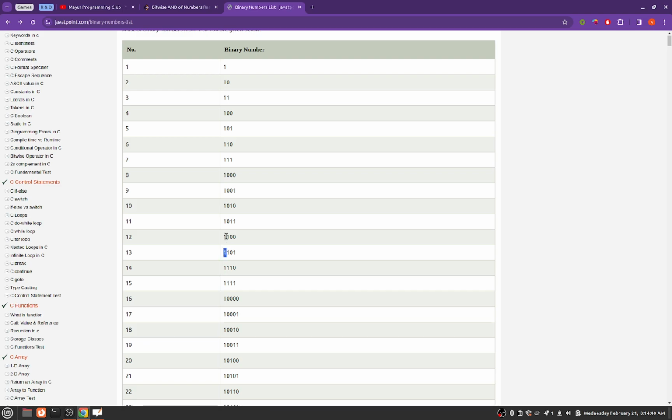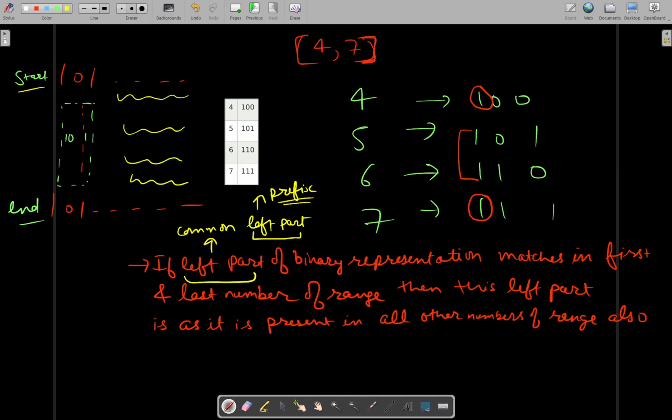You can see it in all the numbers. So indeed our observation is correct. Let's try to use this observation to come up with the approach that can solve this particular problem. What we'll be doing is finding the common prefix.